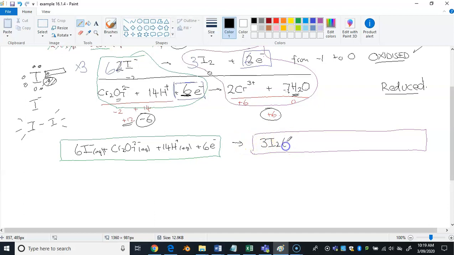Well, I would imagine it would be liquid. Plus 6 electrons, plus 2Cr³⁺, 7H2O. So far so good. This one has to be aqueous because it's an ion, and we're not told that it's in solid form.